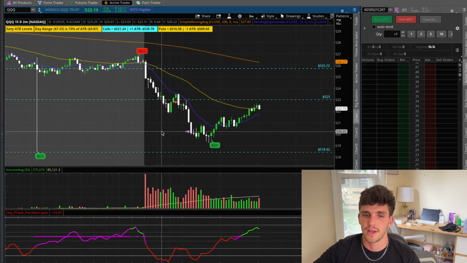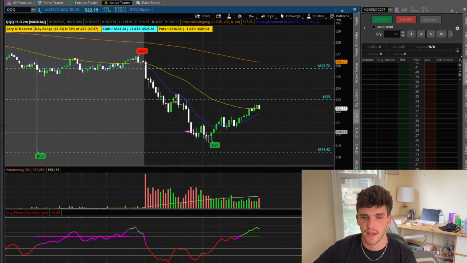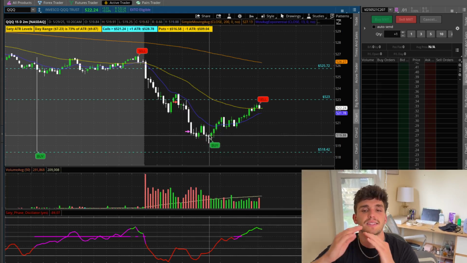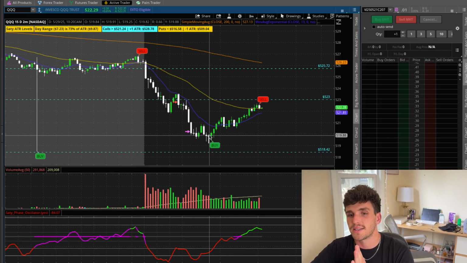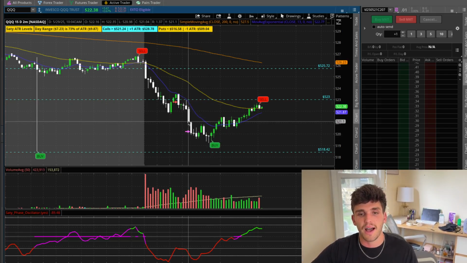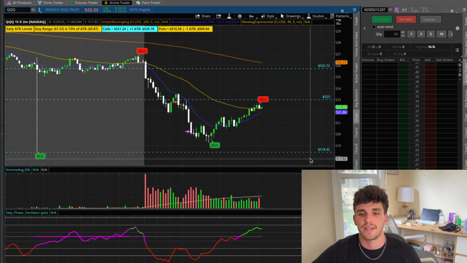It's choppy now. Obviously, as you can see, we came down, we took whatever we were going to take. We didn't hit 518.42 exactly, but that's another reason you have to be careful with your trades. One thing I used to do is be stubborn, and I would be out half my position but still be in the other half waiting for it to hit 518.42.